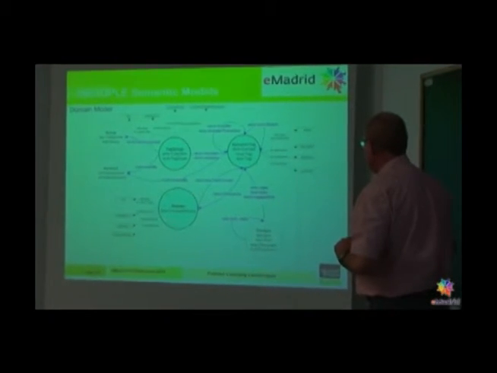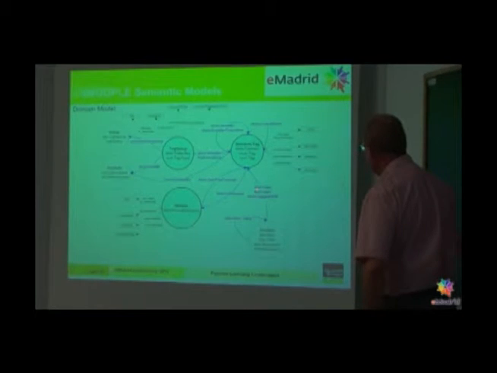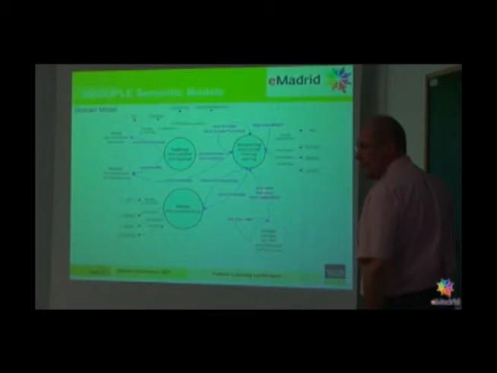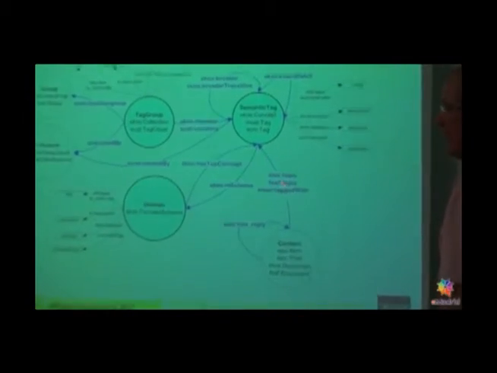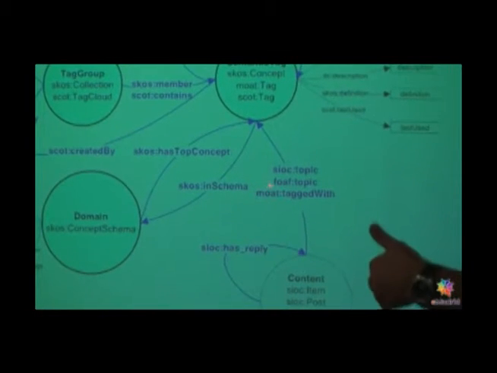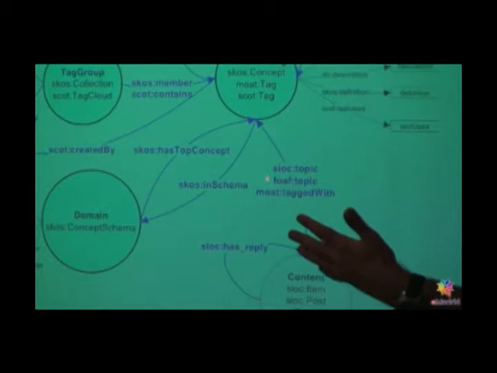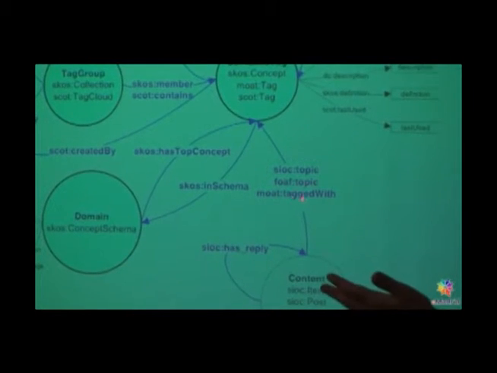If you look at this schema, you have type, and you have topic, and topic is coming from SIOC, semantically interlinked online communities, which is a lightweight ontology about the social web. And the second one is FOAF, friend of a friend.